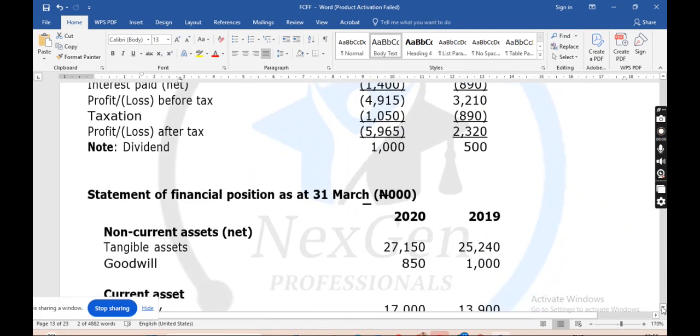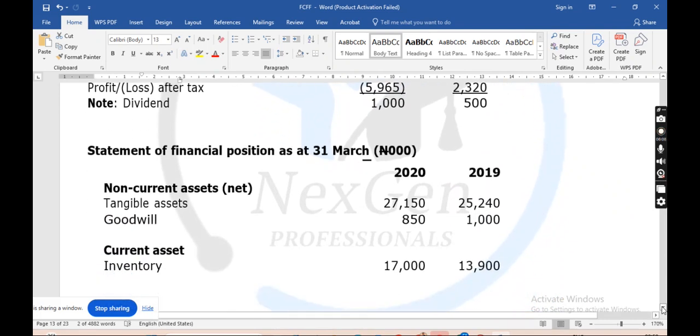We need to do the working capital, right? Yes, sir. So working capital is current assets minus current liability. Is that not so?